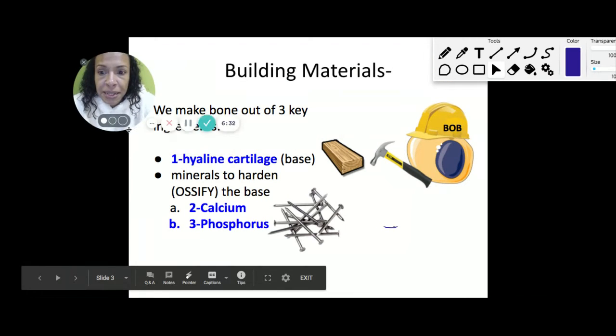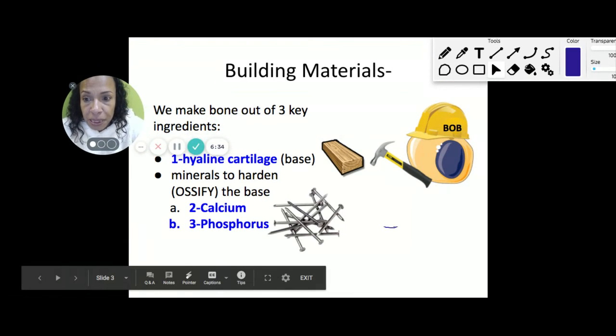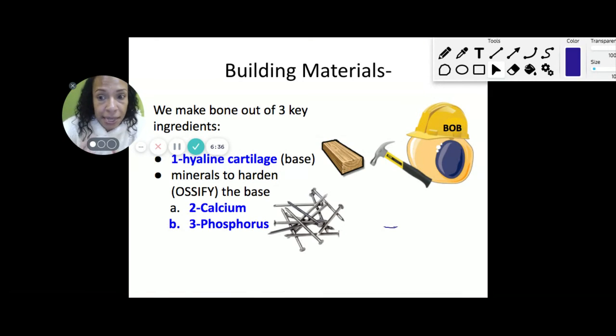All right, so we need some ingredients to do this bone building activity, and they're the same ingredients. Remember that osteoclasts like Clyde are sucking out of bone anytime we make a withdrawal from the bone bank. And here's the three majors. One, we always start with a backbone of hyaline cartilage. So if there was no bone there before, if we start with empty space and start building, we have to start with cartilage.